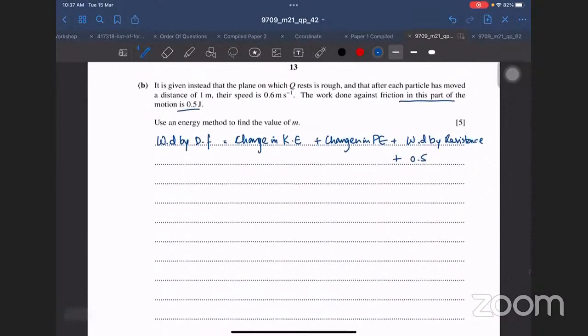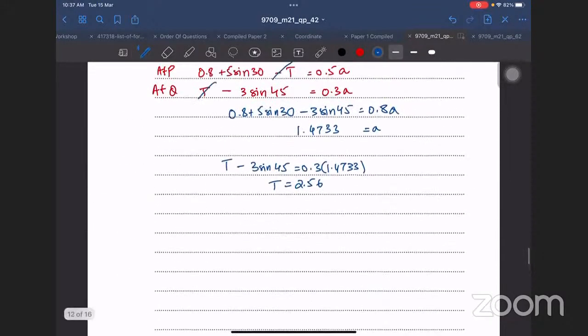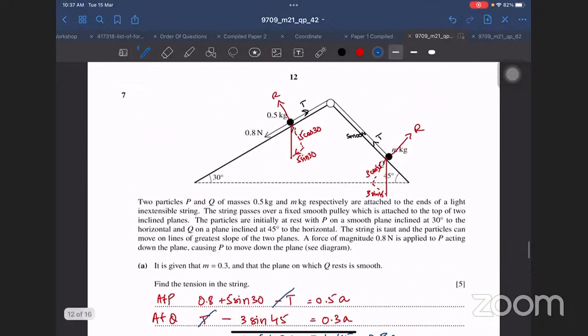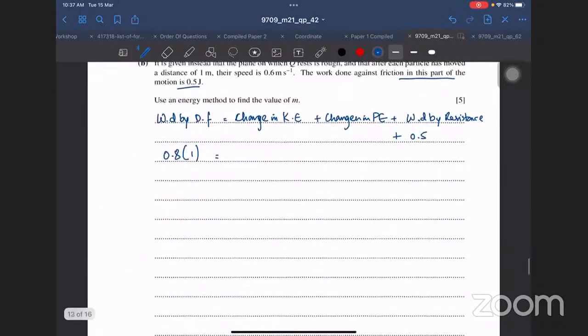The driving force is 0.8, and it travels a distance of 1. Change in KE: there are two KEs. One is for P, plus the KE for Q, plus 0.5.